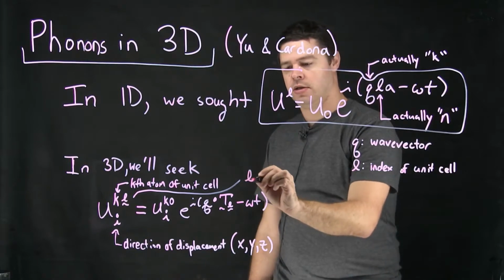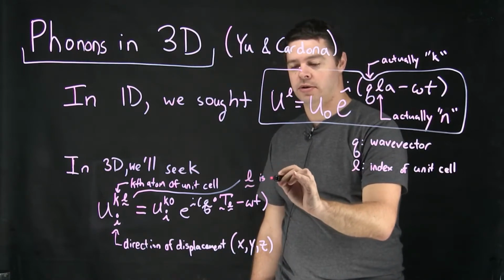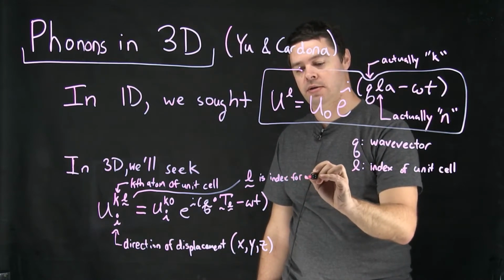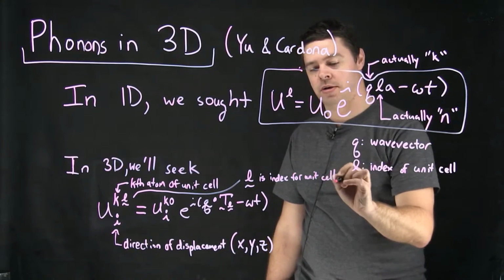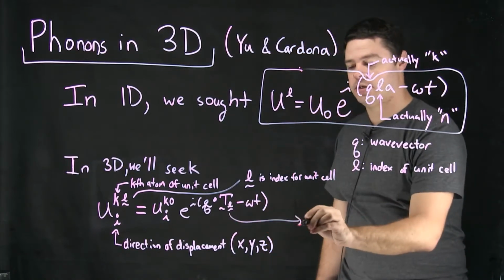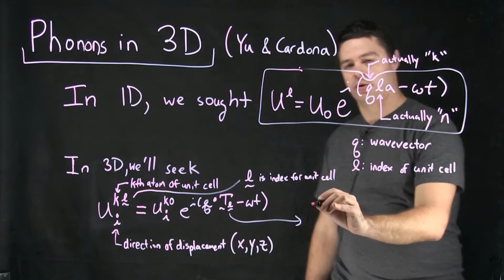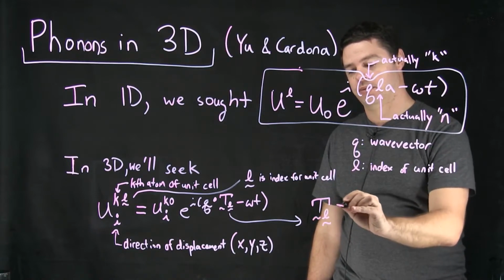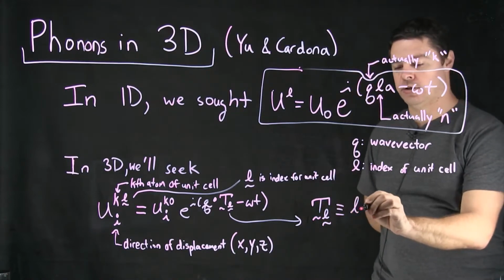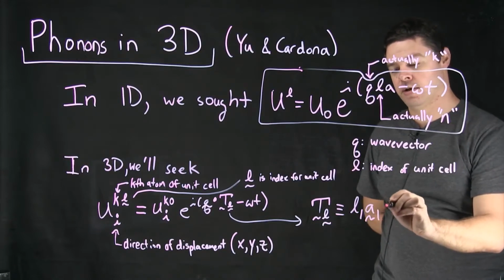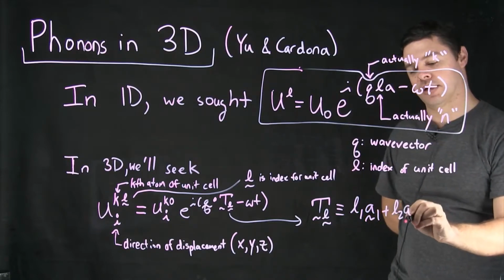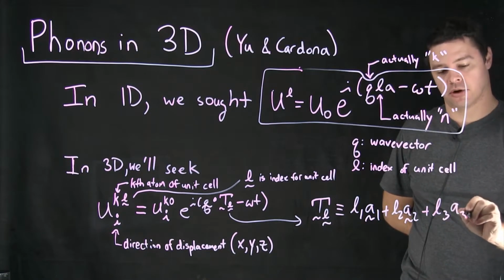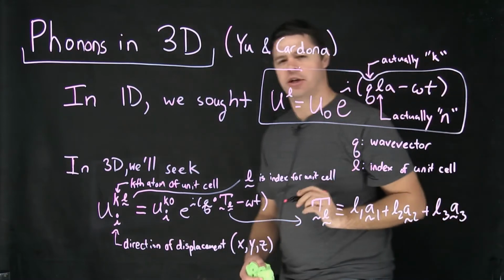So L here is an index for unit cell. And in particular, what I mean by that is that the translation vector, so the integer multiple of the lattice vector, is defined as L sub 1 times the first lattice vector plus L sub 2 times the second lattice vector associated with the unit cell plus L sub 3 times the third lattice vector associated with the unit cell.